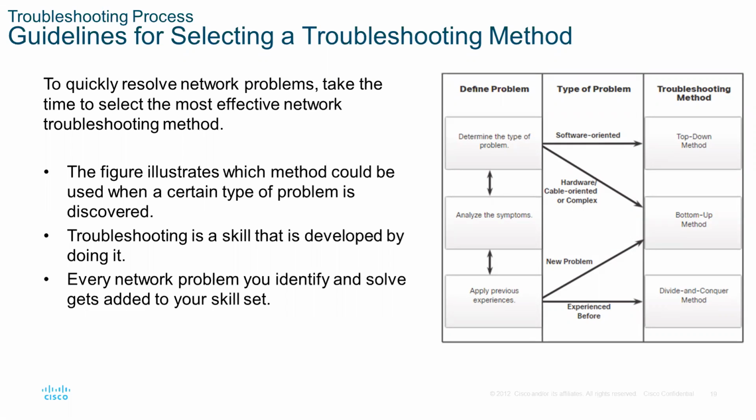If you've got a fair bit of experience about troubleshooting, you might have seen it a few times, so you can use a divide and conquer method because it eliminates half the OSI model and you can concentrate on what you believe is a narrower scope of potential.